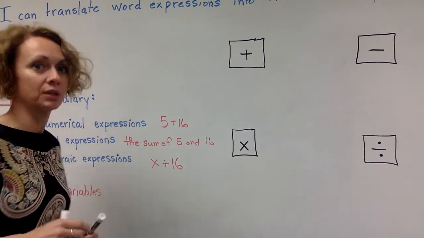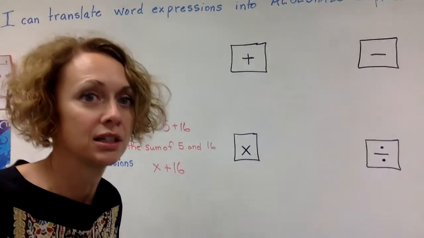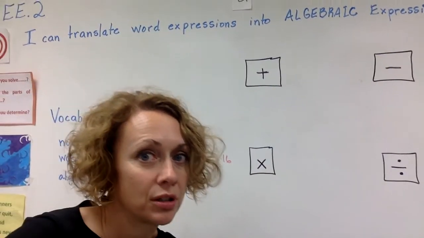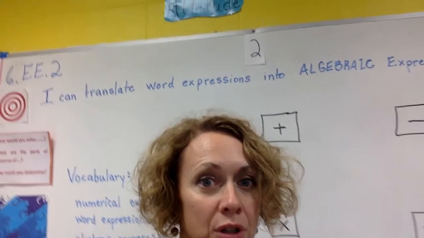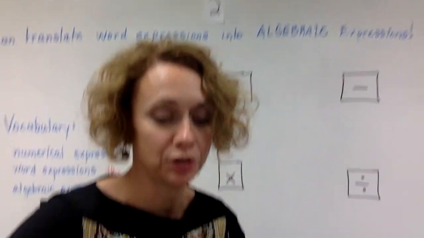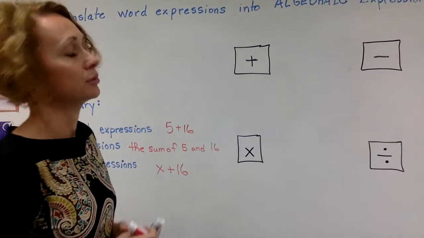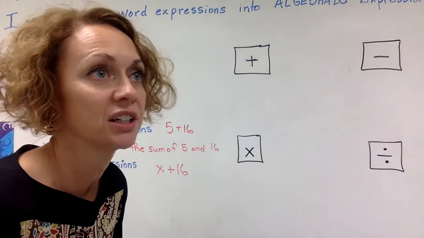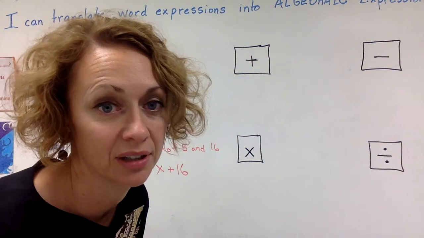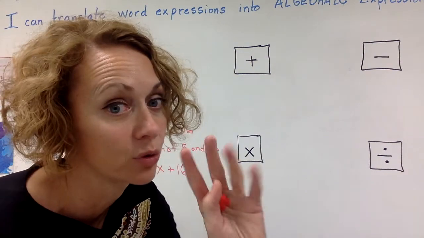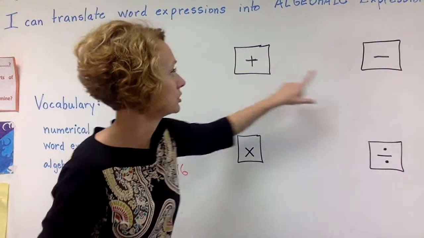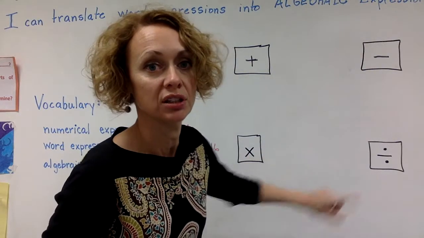So today what I want you to be able to do is to translate word expressions. See up there our target? I want you to be able to translate word expressions into algebraic expressions. In order to do that, you're going to need to be comfortable with reading various words and translating them into specific operations. Remember that there are only 4 operations in math: addition, subtraction, multiplication, and division.